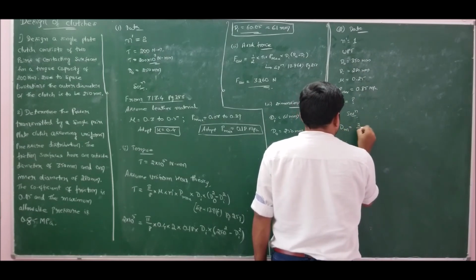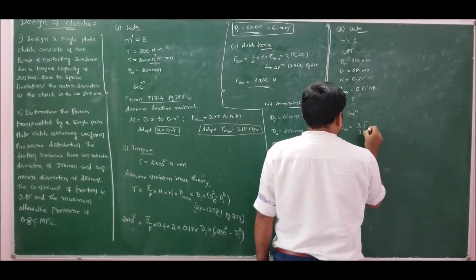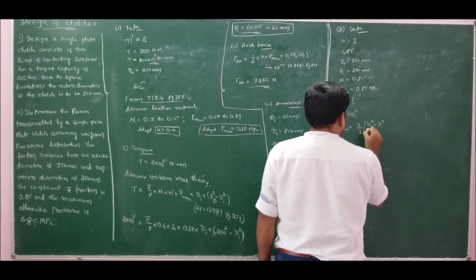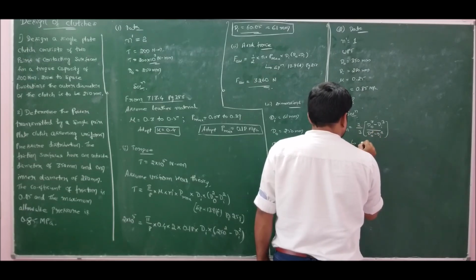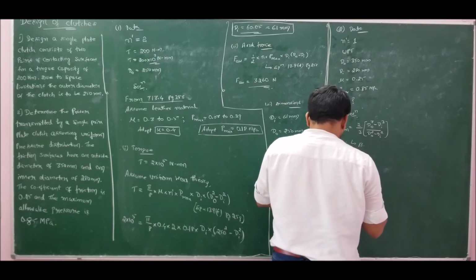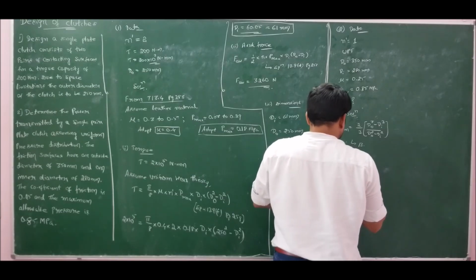Mean diameter for uniform pressure theory is 2 by 3 times d naught cube minus di cube divided by d naught square minus di square. So this we have derived. If you have forgotten, this is equation number 13.9c.